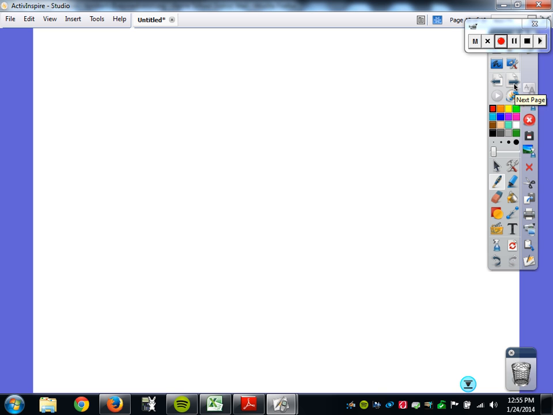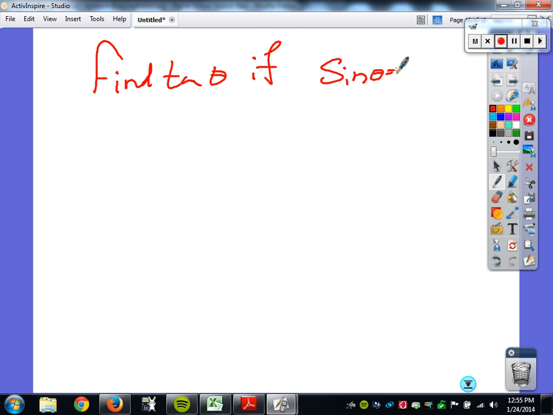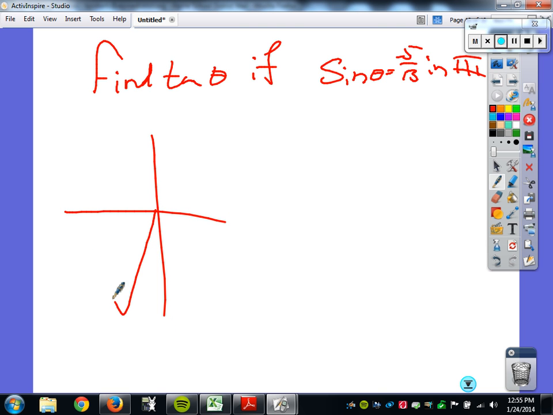It says, find tangent of theta if sine of theta is negative 5/13 in quadrant 3. So instead of asking where this quadrant's at, it's already telling you where this is at, correct? So we just go to quadrant 3. Sine is opposite over hypotenuse. Does anybody know this side without doing the Pythagorean circle?